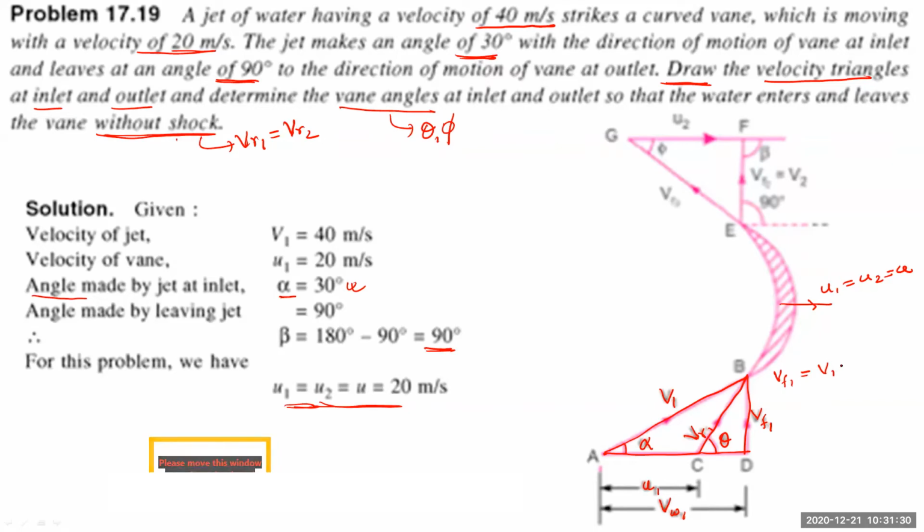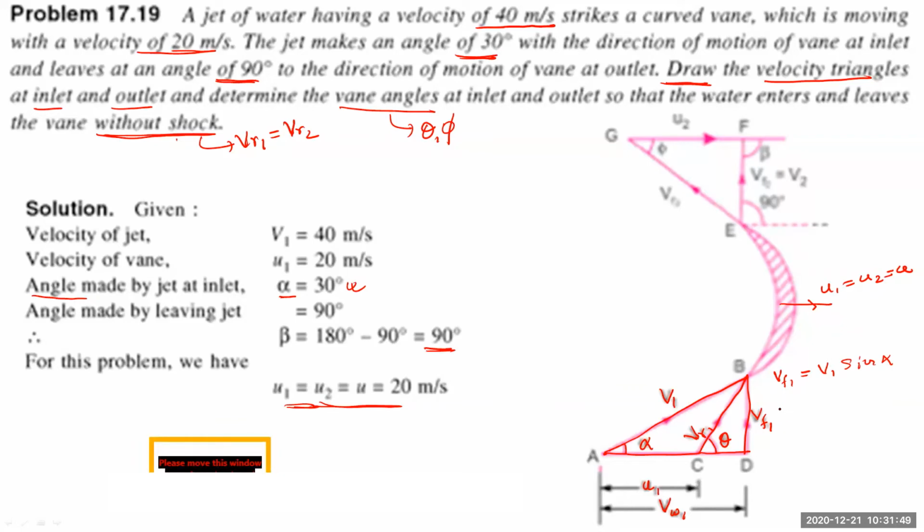I have given around half an hour lecture on this. V1 sin alpha. Yes, VF1 equals V1 sine of alpha. So you know the value of V1 and alpha, and you can easily calculate VF1.